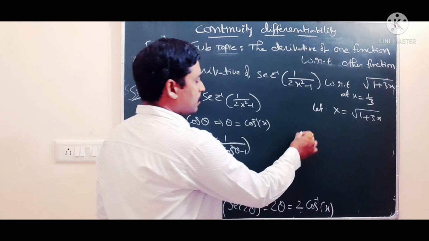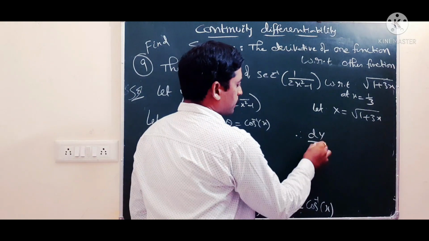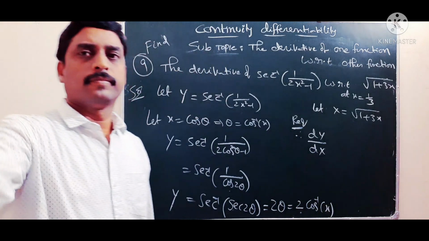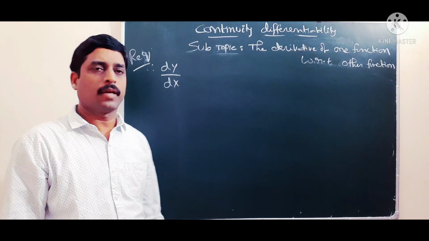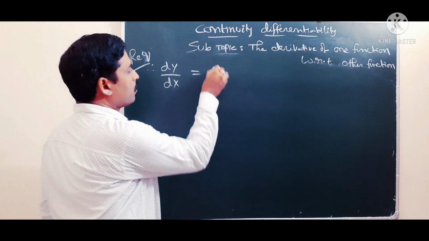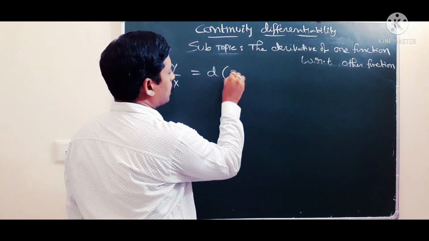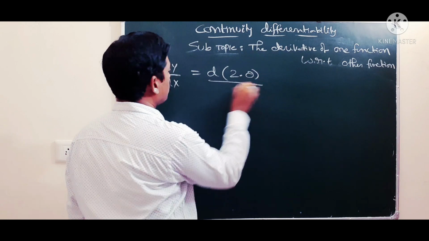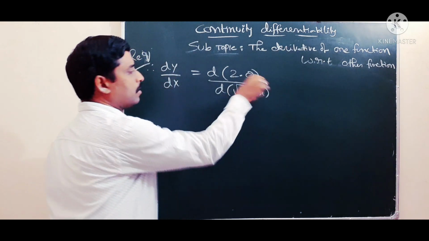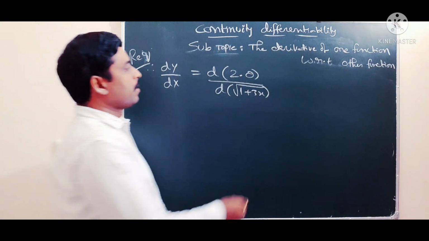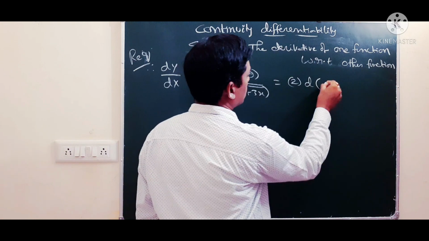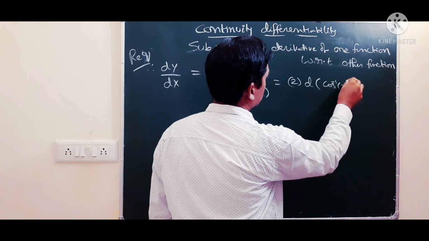So now our target is dy by dx. The derivative of the y value, we got 2 theta. But the derivative of x is the derivative of root of 1 plus 3x. The derivative of 2 is constant. What is theta? Theta is cos inverse x.